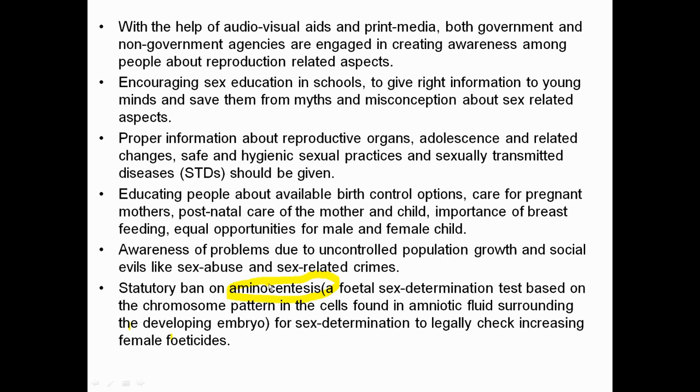Next, there is a statutory ban on amniocentesis. What is amniocentesis? It is the practice of taking out the amniotic fluid from the mother's body to determine chromosomal abnormalities or chromosomal disease in the young one or the fetus.